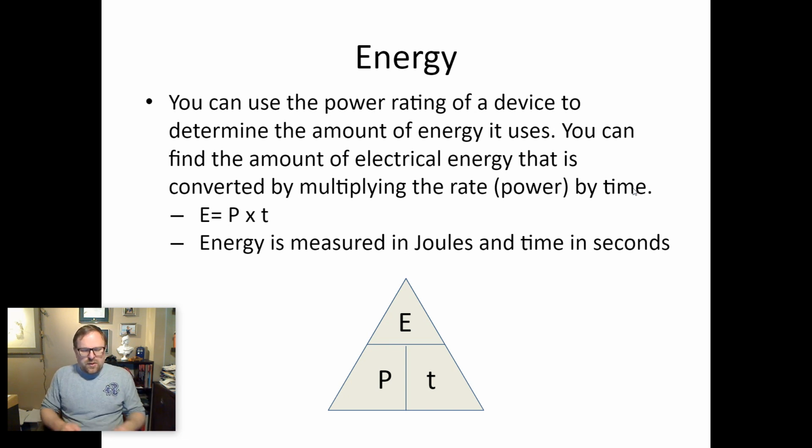So then we can start to use the power rating of a device to determine the amount of energy that that device uses. Because if we know that a watt is a joule per second, basically, you can then do a conversion and figure out how much energy that device might use if you use it for X amount of time.